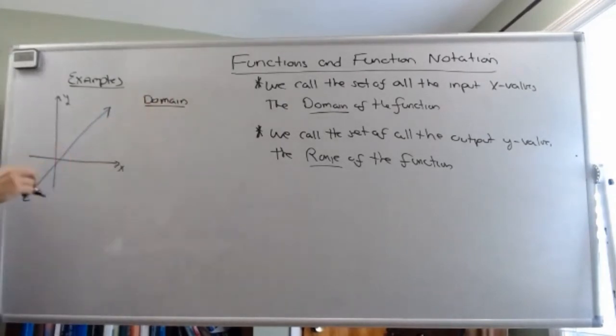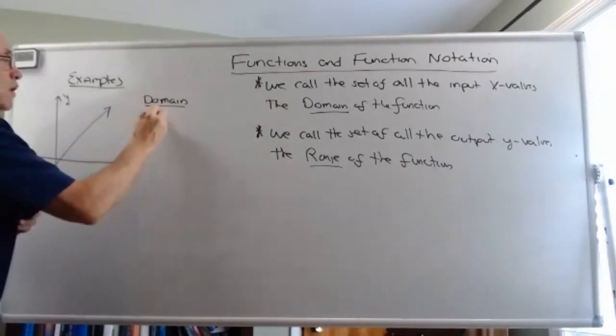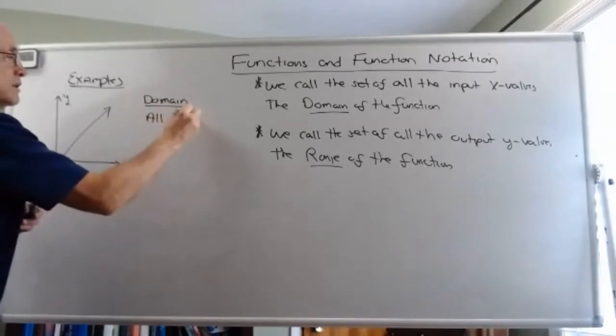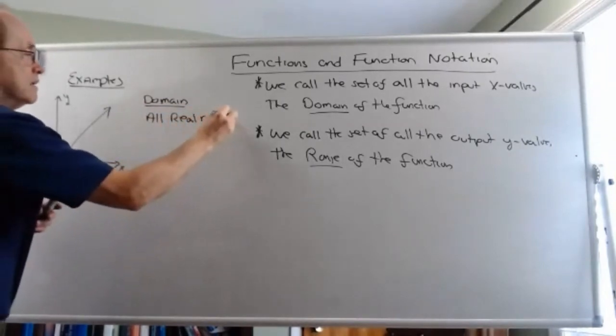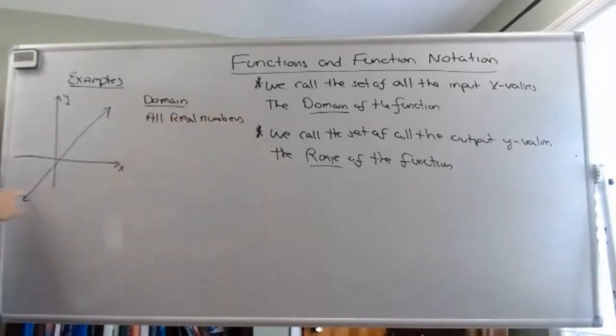So the domain is the set of all the possible inputs. Here's x, meaning I can input anything for x. So the domain for this thing is all real numbers. x can be anything. For any x, I have a y. So this is one way of writing it. We can talk about describing the domain in words.